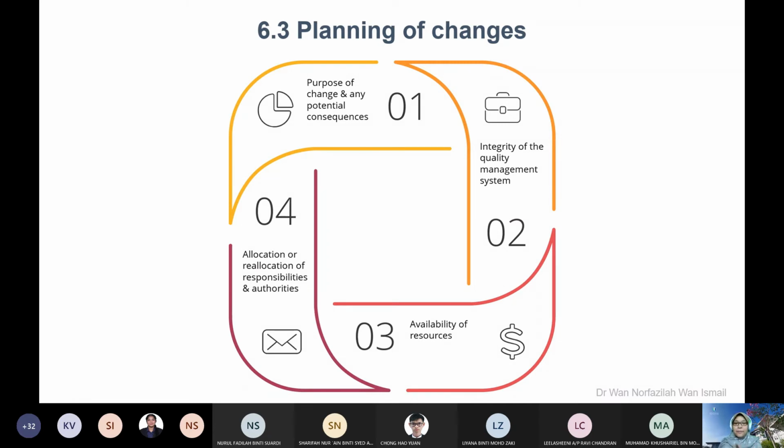Okay, third, availability of resources. Okay, so availability of resources include money, person in charge, equipments, okay, availability of resources. If you want to do changes, then you need to consider the resources.